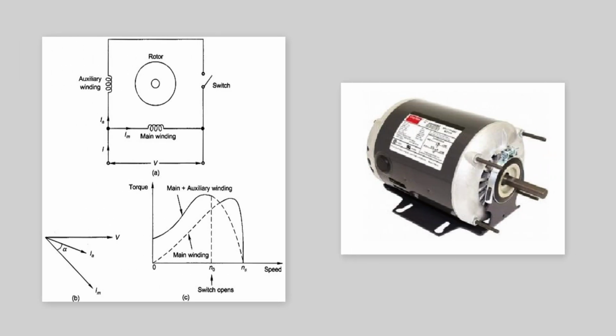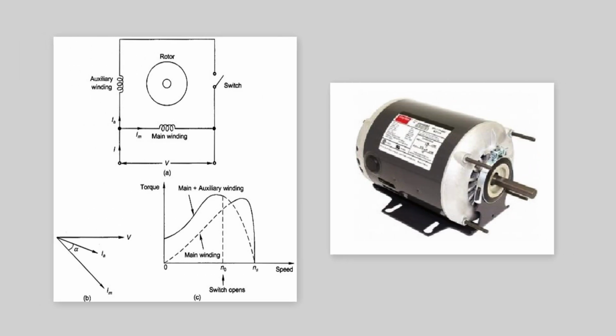So this figure shows the circuit diagram of a single-phase split phase induction motor of resistance start type. In this we can see that a main winding and an auxiliary winding are connected and a switch is provided, and this is a special kind of switch known as a centrifugal switch.